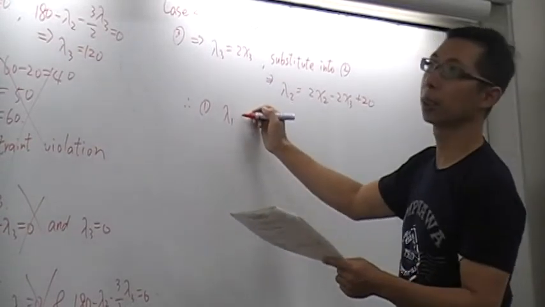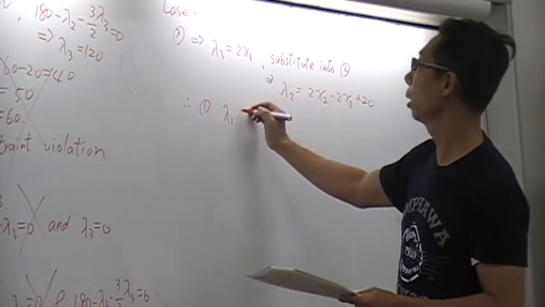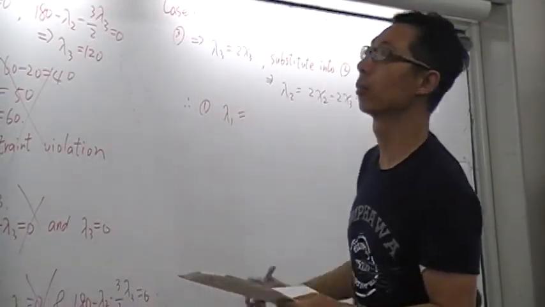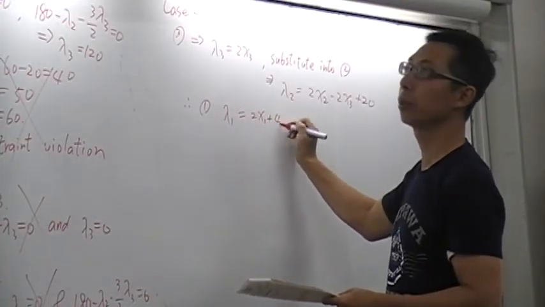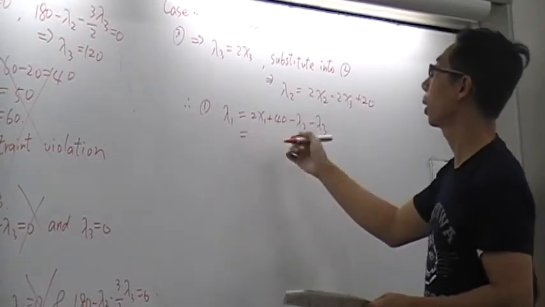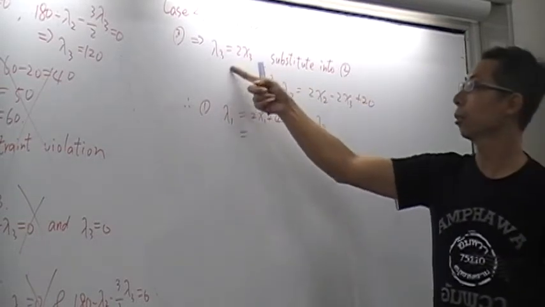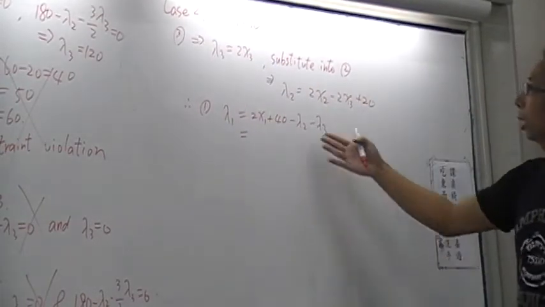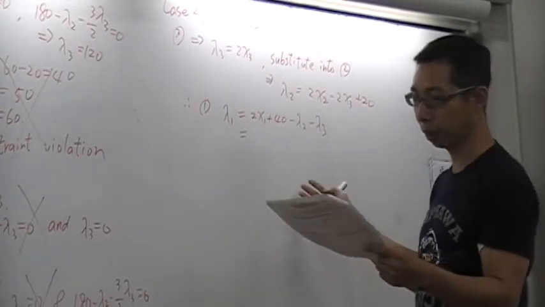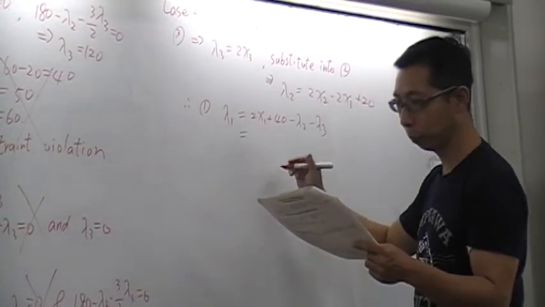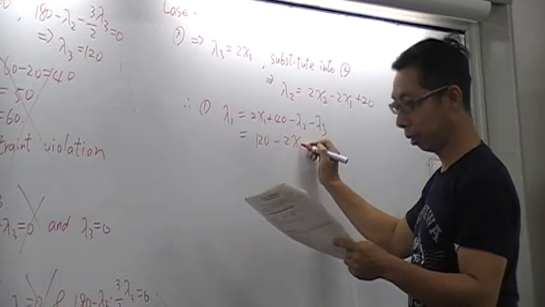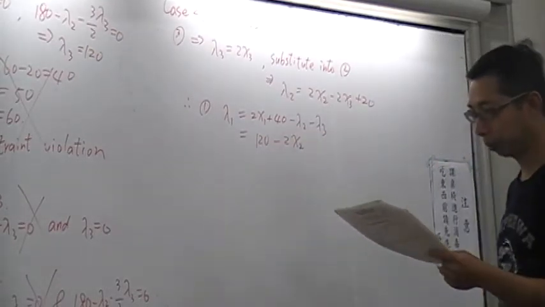Lambda 1 is 2x1 plus 40 minus lambda 2 minus lambda 3. Because right now lambda 3 equals 2x3 and lambda 2 equals that, lambda 1 can also be expressed as a function of x1, x2, and x3. So finally, lambda 1 can be simplified as this.